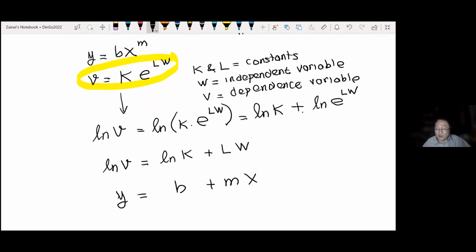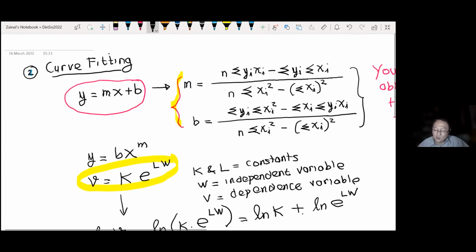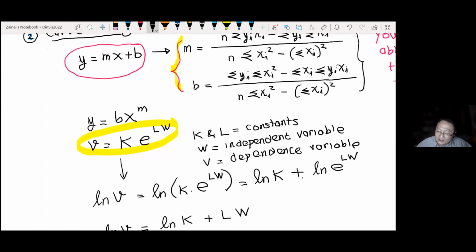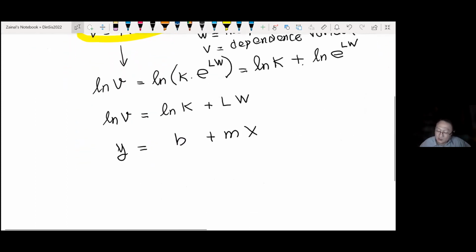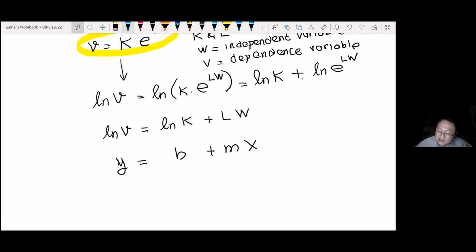So if you want to implement our derivation for this equation, you have to treat this one as equivalent to this. Okay, b is equivalent to this.